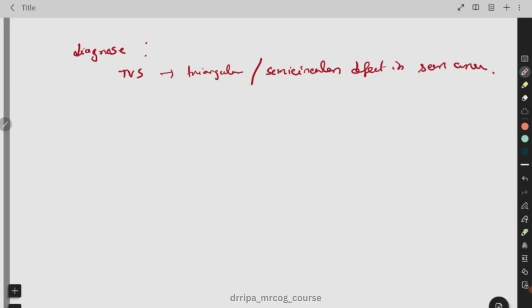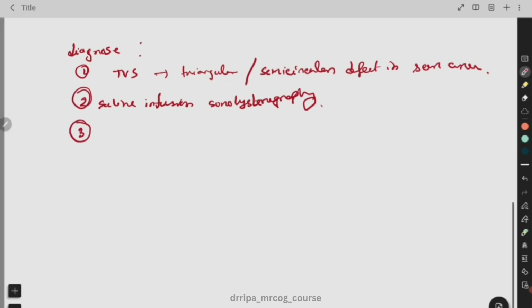And sometimes we can perform saline infusion sonohysterography to detect a clear outline. And in complex situations, we might use MRI.